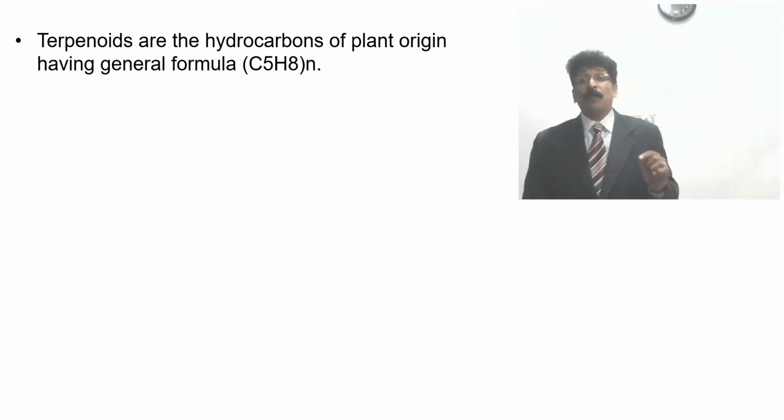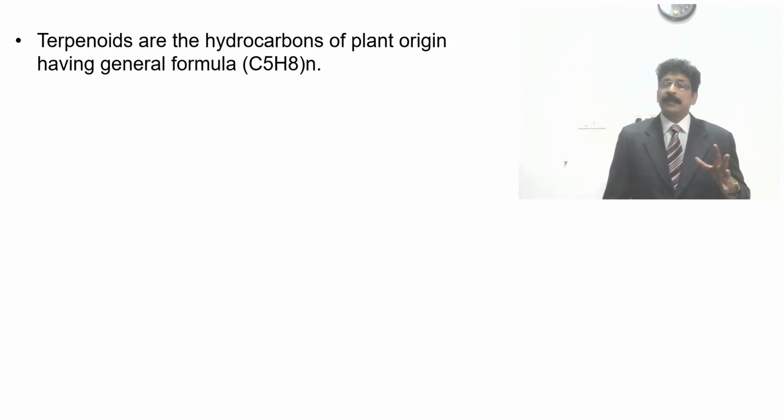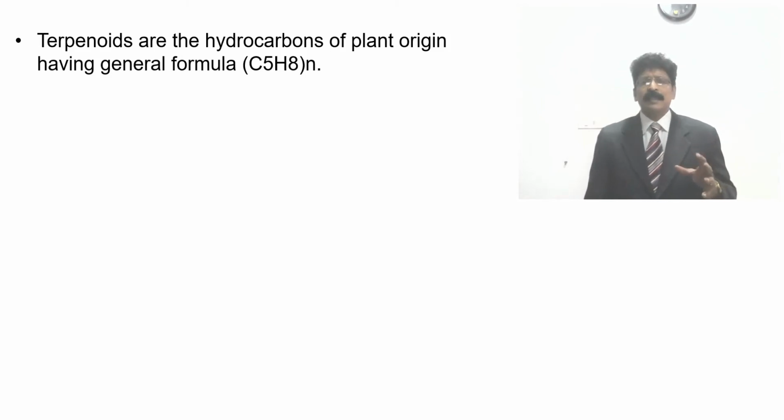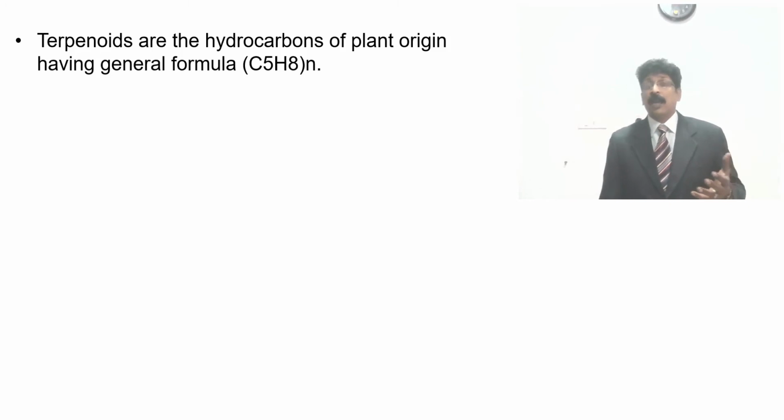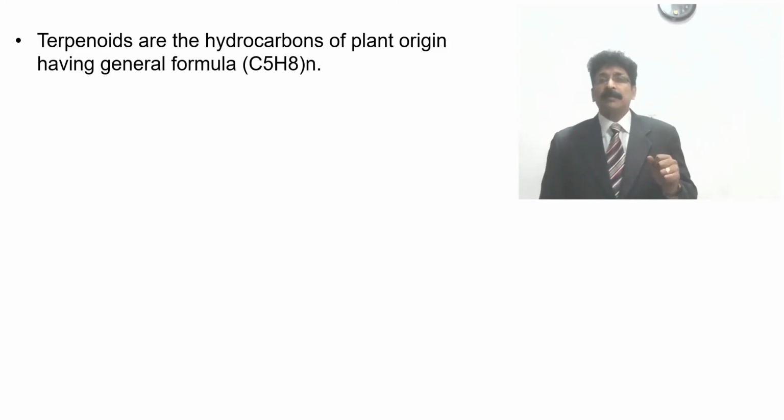It is a 5 carbon atom compound, a very basic compound which is necessary for terpenes. It's called the isoprene unit. This isoprene unit will have 5 carbon atoms in various biosynthetic pathways.